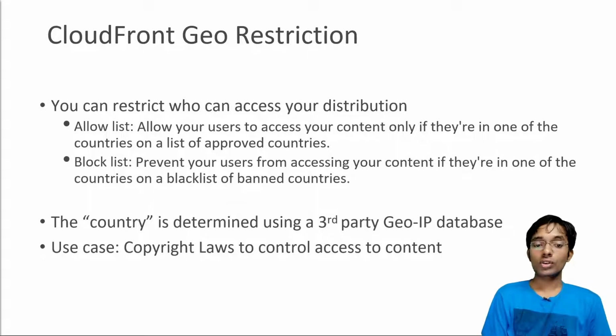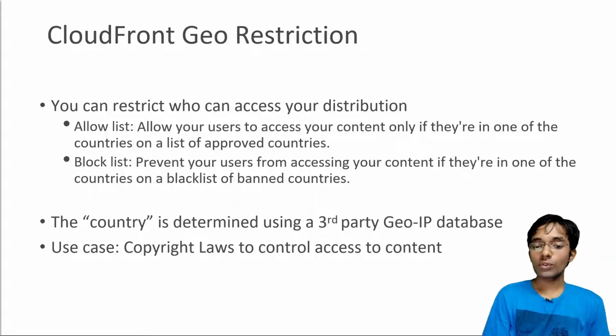It's a feature to control who can access your distribution, and you have two ways of looking at it. Either you set up an allow list, which is a list of approved countries that can access the content, or you can set up a blacklist, which is to prevent users from the selected countries from accessing your CloudFront distribution.